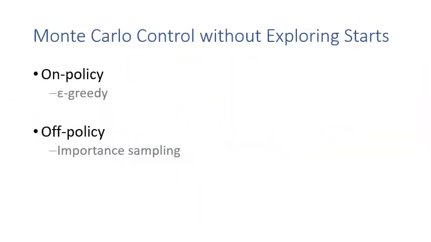Exploring starts is easy for the simulated blackjack game because we can just assign the shown card of the dealer and the sum of the player and then run the simulation. But in practice, usually we cannot control the start of the environment. So there are two methods, based on whether it's on policy or off policy, that can achieve the same results as exploring starts.